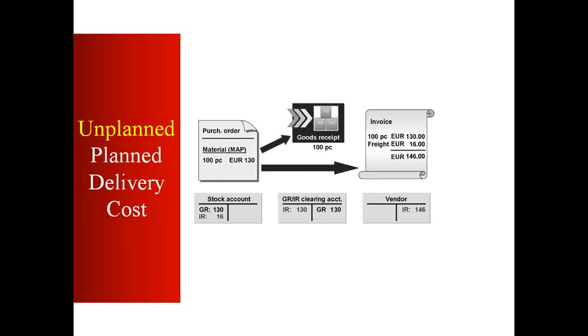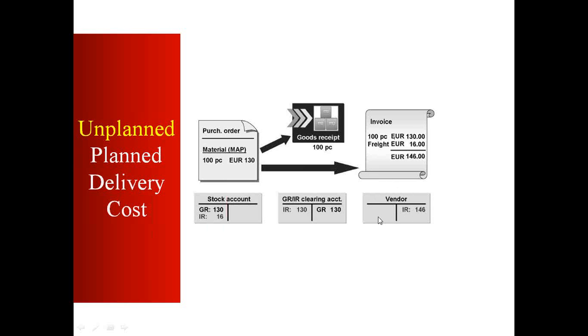However, when it is an unplanned delivery cost, in the beginning we created a purchase order of 130 euro, and later on we received the invoice with an extra 16 euro. In this case, the system initially will post 130 euro in the stock account, and after receiving the invoice it will add another 16, and the vendor will be credited 146 euro.